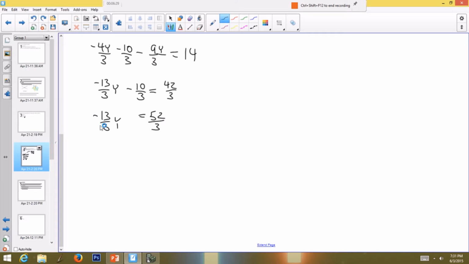Now, to get y by itself, I would divide by negative 13/3 on both sides, but since it's a fraction, let's simplify that, and we will multiply both sides by negative 3/13, the reciprocal of that, which is essentially the same process as dividing by negative 13/3. And the good news is that all cancels, and I'm left with just y. And then my 3's cancel here, and so I have 52/13.